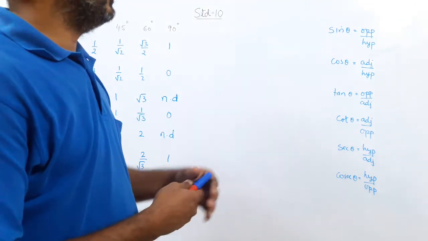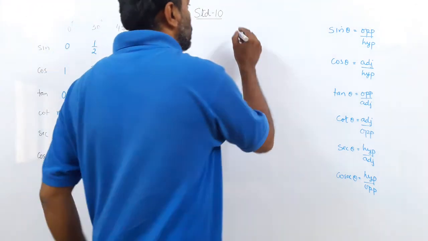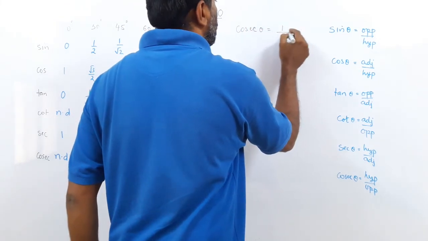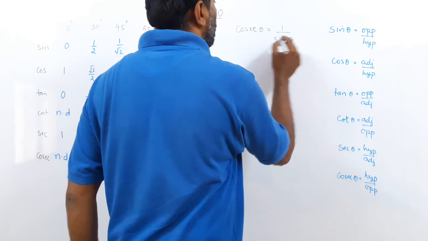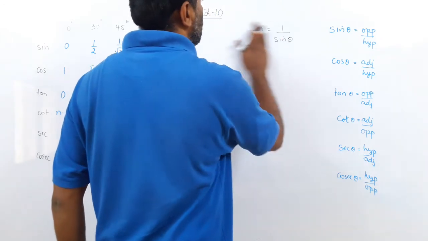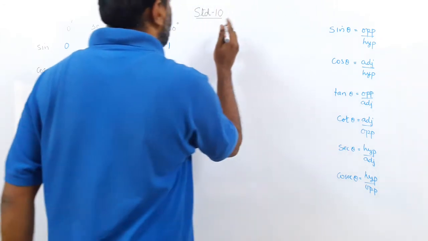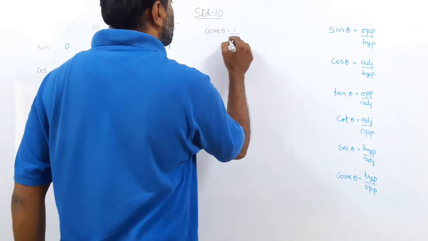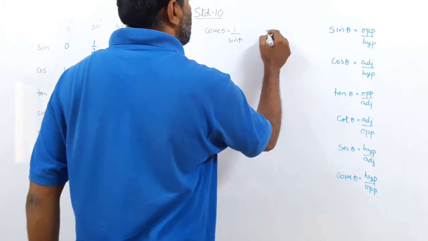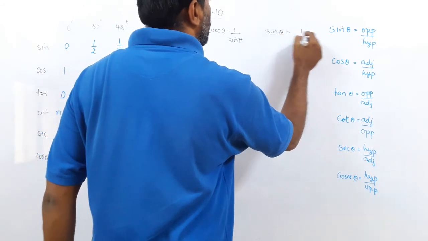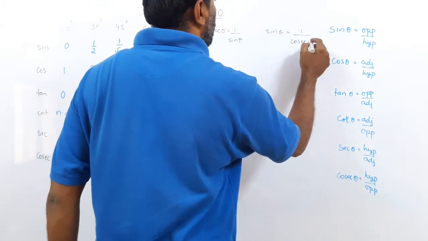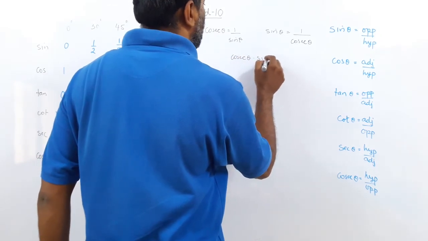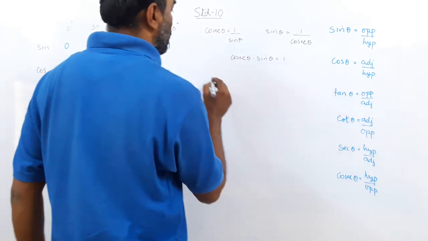So what are the new identities for the day? Let me write once again. And remember this. Cosec theta is 1 upon sin theta, or sin theta is 1 upon cosec theta, the reciprocals, or cosec theta into sin theta equals 1.